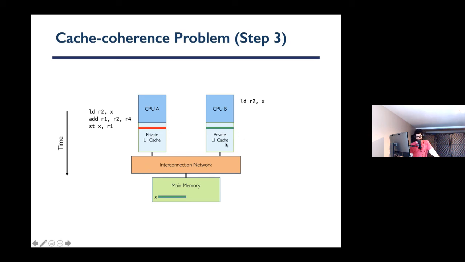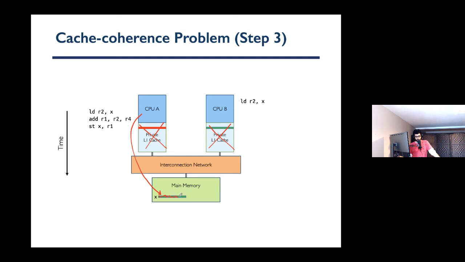So just introducing these private caches, as you saw, creates this problem that now for the same shared data, we have different copies of it in different processors' caches. We wouldn't have this problem if we didn't have any cache, right? Or if we were running this on a uniprocessor. If this didn't exist, then CPU A would have just written the data back to the memory.